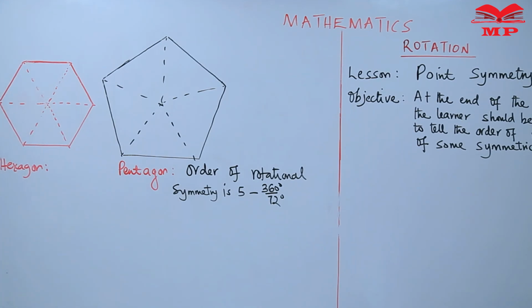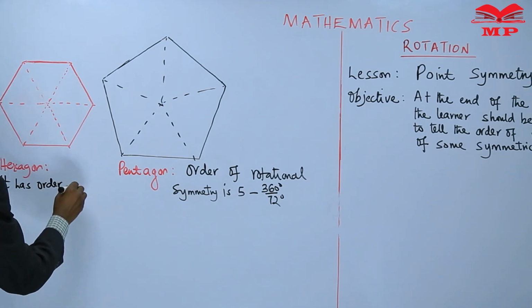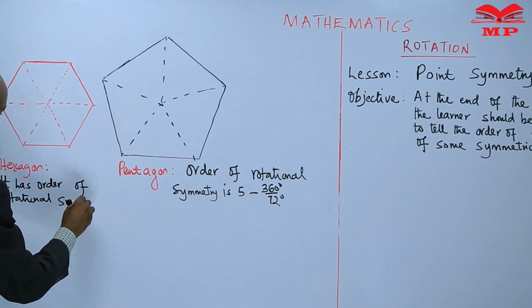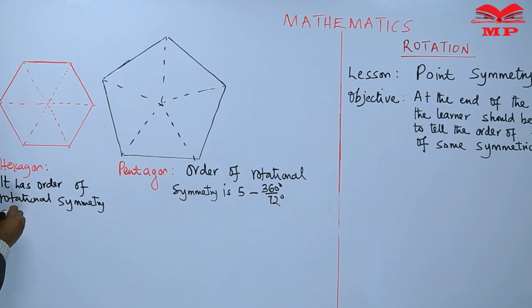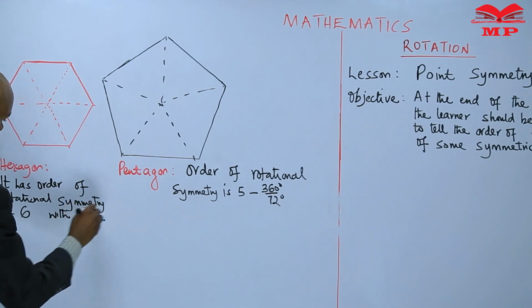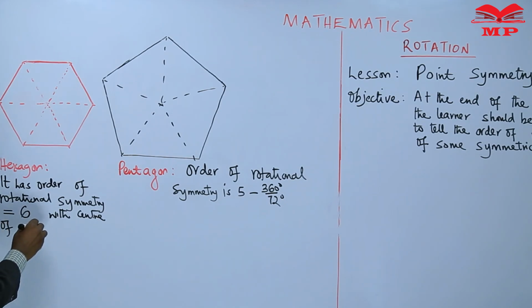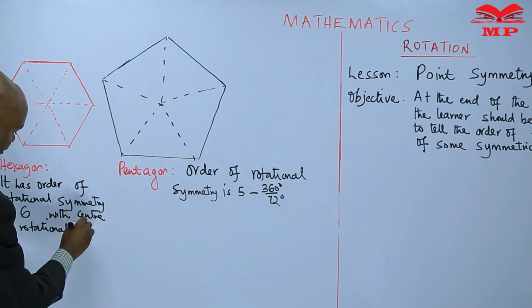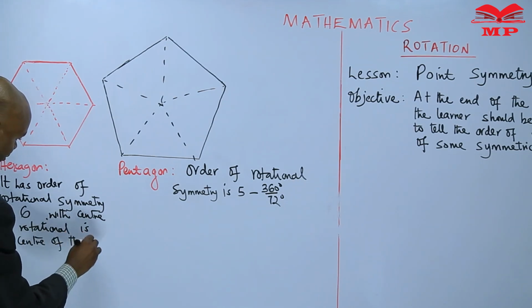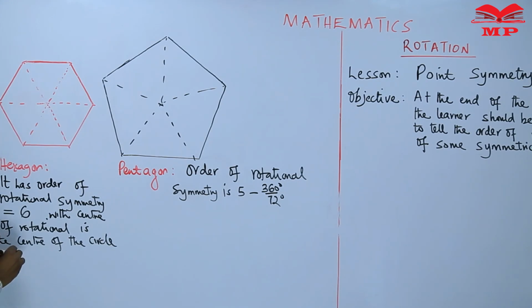So our hexagon, you discover it has an order of rotational symmetry equal to 6, with the center of rotation being the center of the circle inscribing the hexagon.